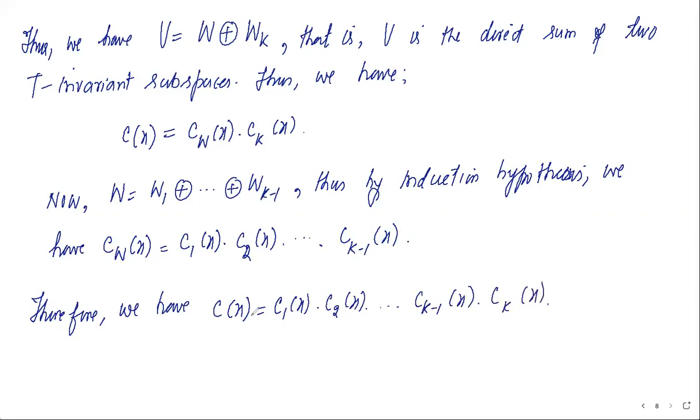So therefore we have shown that the characteristic polynomial of T is the product of the characteristic polynomials of the restrictions of the linear operator T on its T invariant subspaces. So with this, we completed this proof.